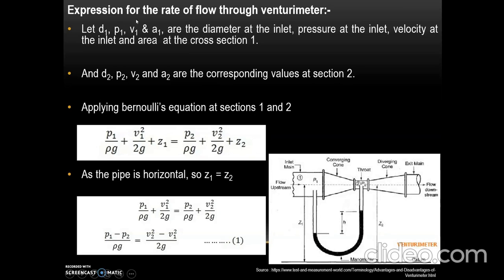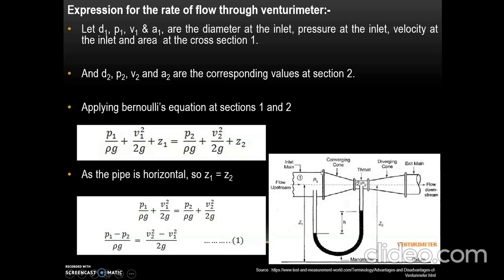Now we will find out the expression for finding discharge, that is Q, through venturimeter. So this is the venturimeter, which is having three sections, that is converging part, throat and diverging part. Converging part is connected to inlet of the pipe and diverging part is connected to outlet section.